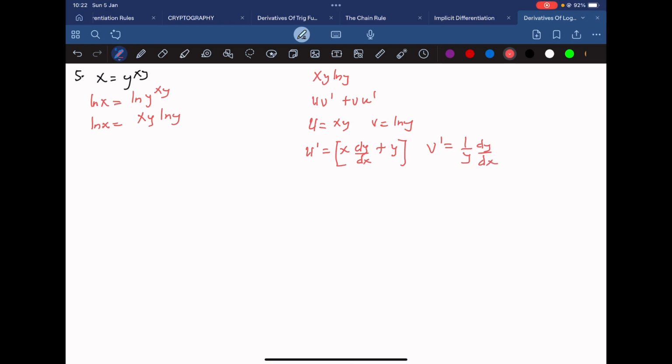So combining them using this, we have u, which is xy, multiplying v prime, which is just 1 over y dy dx, plus v, which is ln of y, multiplying x dy dx plus y.